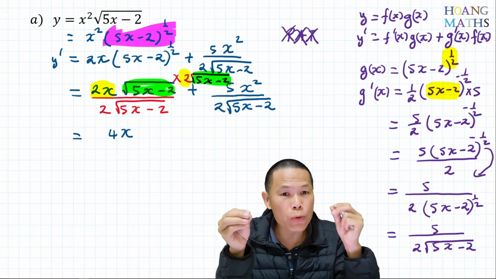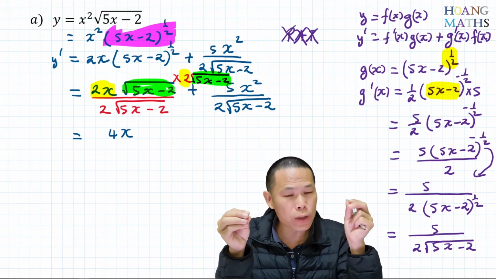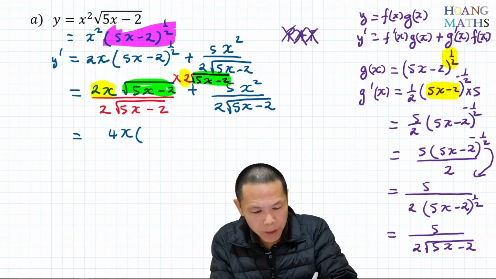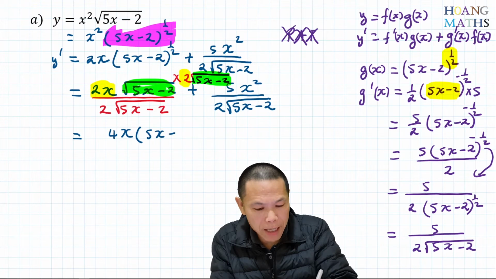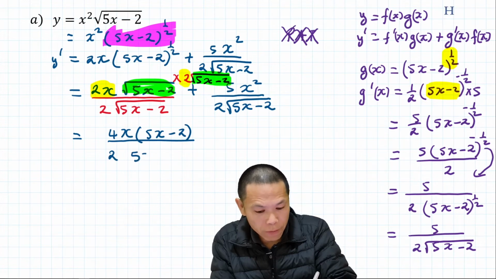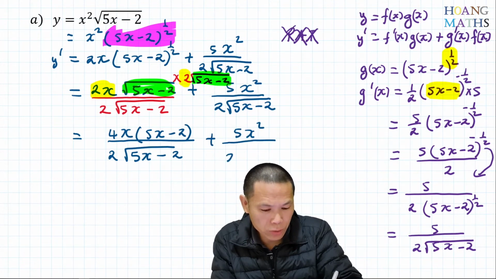So square root of 5x minus 2 times itself, the square root becomes 1, so that becomes 5x minus 2. And then this is over 2 square root of 5x minus 2, plus 5x squared over 2 square root of 5x minus 2.